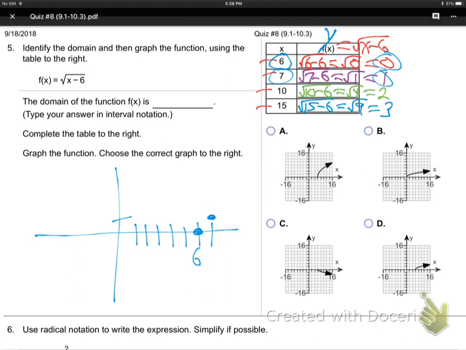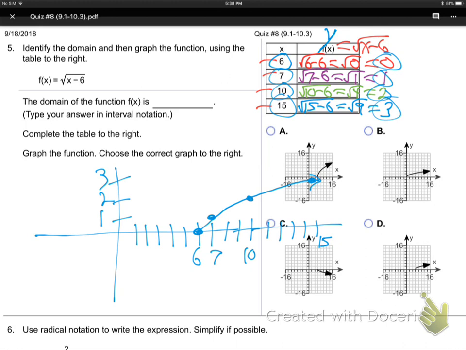Right there, so over 6, over 7, up 1. Over 10, up 2, 8, 9, 10, up 2. And over 15, 11, 12, 13, 14, 15, up 3. So the graph is kind of going like that, isn't it?